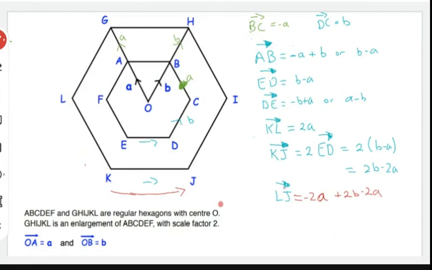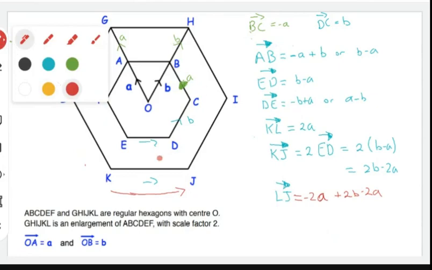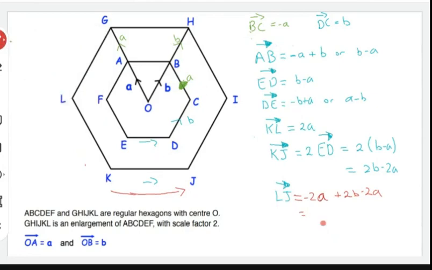So in terms of simplifying that, it'll be 2B, and then your minus 2 from 2, that'll be minus 4. Yep, 2B minus 4A. There we go. Okay, so that's how that's working.